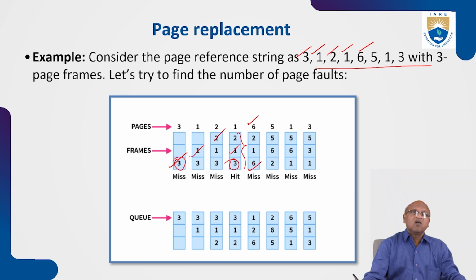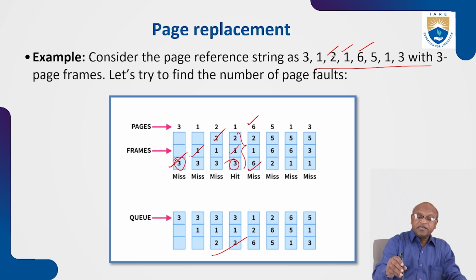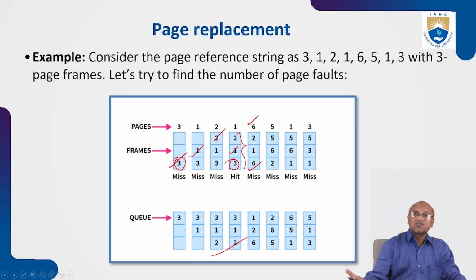That is called first in first out. This is the queue, and this is the procedure by which the program will be executing, taking the pages from the hard disk to RAM one by one. This is the first in first out page replacement algorithm.